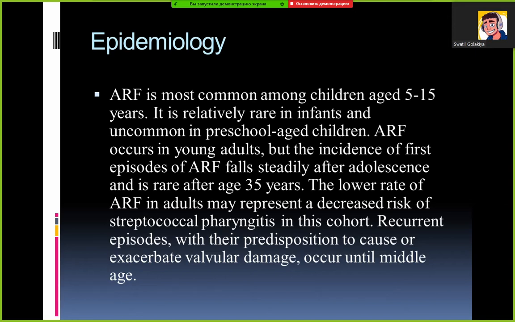The lower rate in adults may represent a decreased risk of streptococcal pharyngitis in this cohort. Recurrent episodes, with their predisposition to cause or exacerbate valvular damage, occur until middle age of these patients.